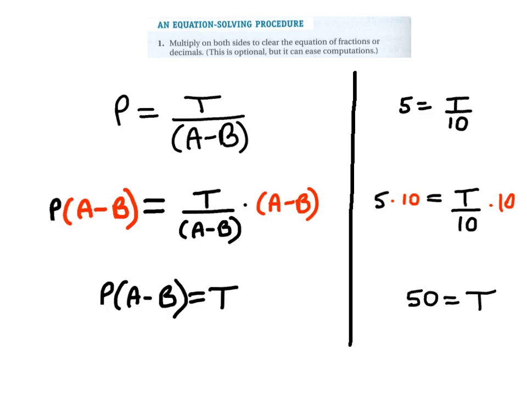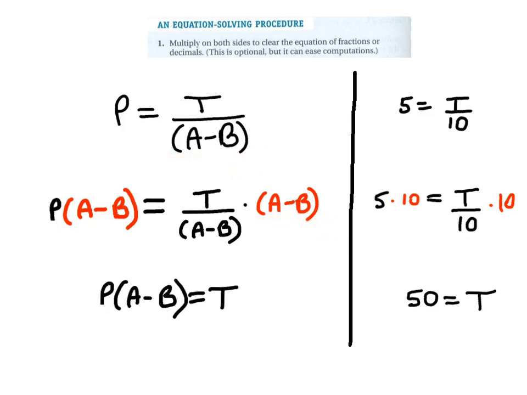So now let's go back to our formula that we're trying to rearrange. You see the parallels between this expression and this expression. We needed to eliminate the denominator or the fraction. In this situation, we multiplied by the denominator 10. In this situation, we do exactly the same thing, except our denominator is a little bit more complicated looking.